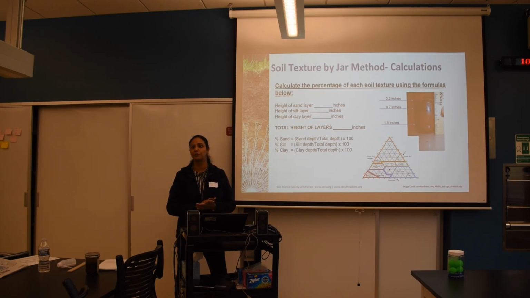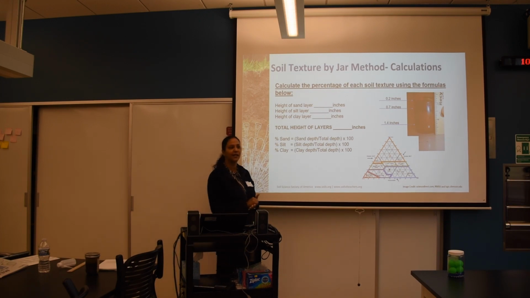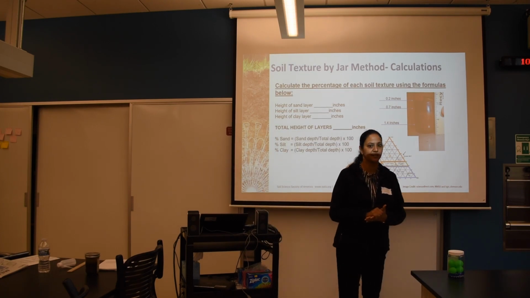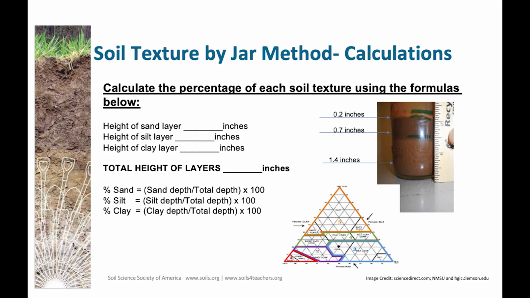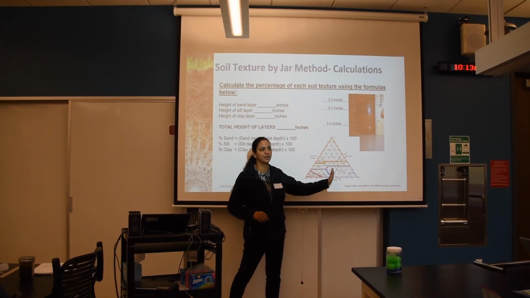If you want to go along, you can calculate too and see which part of the triangle it falls. Let's do that quick calculation and see where it falls in the triangle. The silt? 30. And clay? 9. Okay, good. So we have sand about 61%, right? So we go from bottom to up.